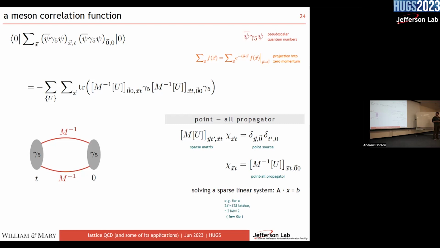So in the early days, for a decade or so, people were doing calculations on tiny lattices, like 4 cubed by 10 or something. It was really just testing things out and seeing if you could make it work in a very approximate way. I've been doing this for 20 years now, and it's absolutely exploded in the things you can do. The whole next lecture is going to be showing you the things that you can do now with this tool.